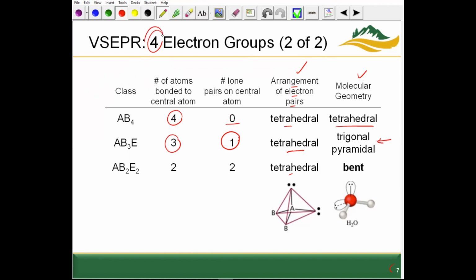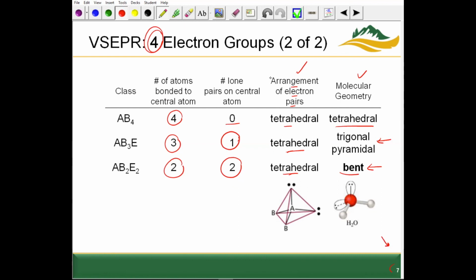Then still within the category of 4 electron groups and still tetrahedral arrangement of electron pairs, when we have 2 bonds now and 2 lone pairs, we call that molecular geometry or shape bent. So we'll come back to this slide. I wanted to give you a preview of that.